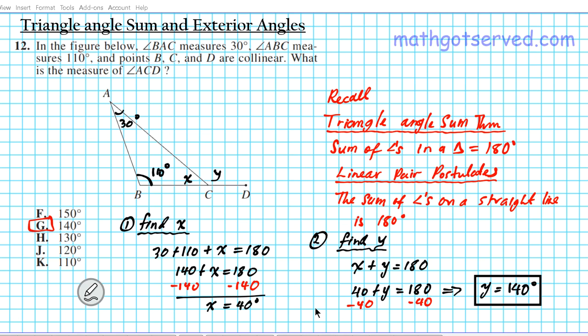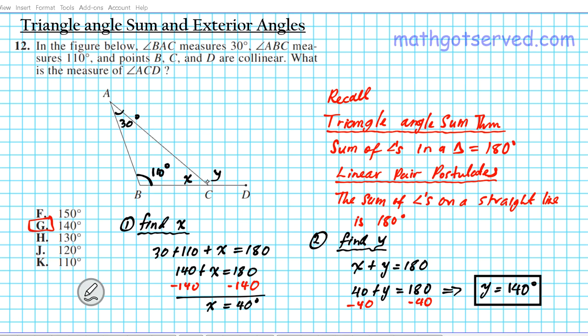There's another way to do this. It involves knowing that the exterior angle of a triangle is equal to the sum of the interior opposite angles. These two angles right here are the interior opposite angles of this exterior angle Y, so you can simply find Y by adding them.